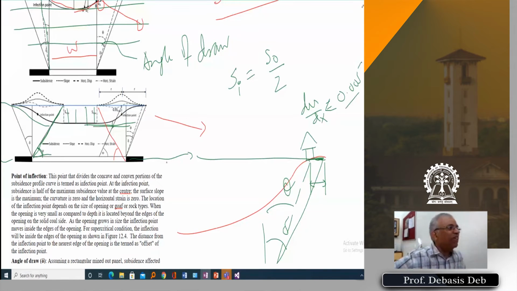Generally, again, I am saying, but it may be 2-3 meters off here and there. It can always happen.